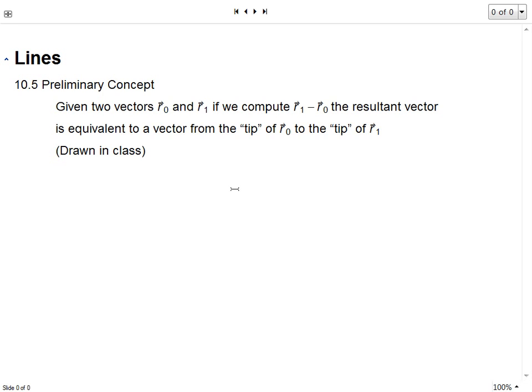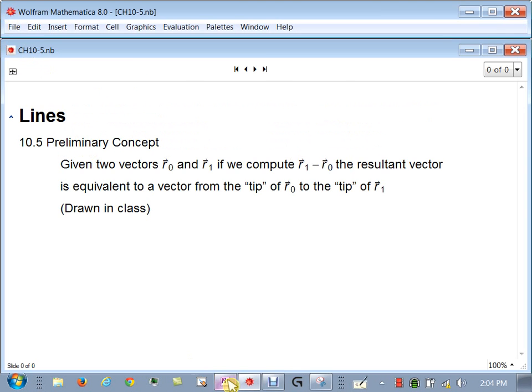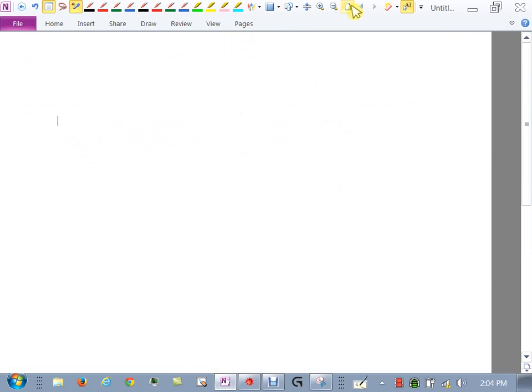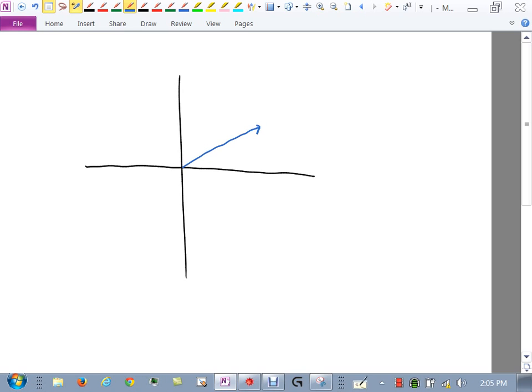So let's do that drawing and convince ourselves that that's true. I'm going to do it in 2D so it's easier to draw. Let's say I take some vector here, call that R0. I take some other vector, I'll call that one R1.